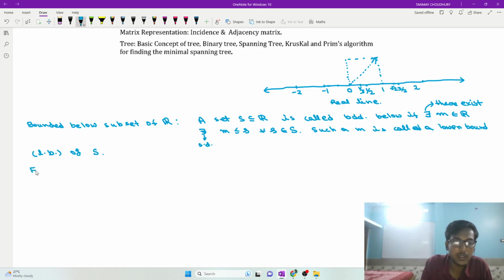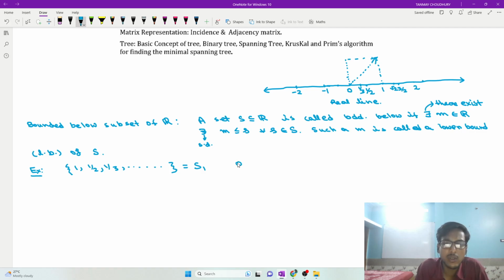Okay. So what is an example? Suppose we have the set 1, 1/2, 1/3, and so on. Call this set S1. Then we can see that all the elements in this set are non-negative, right?